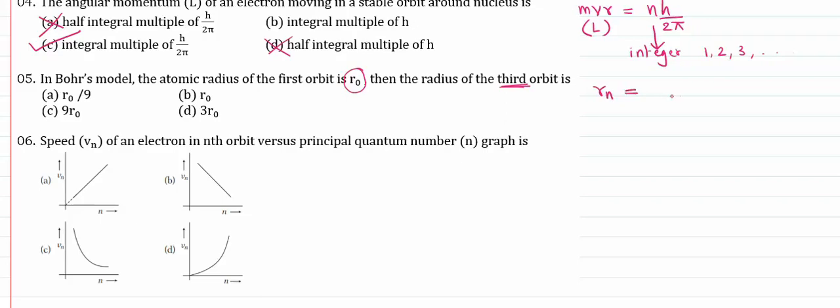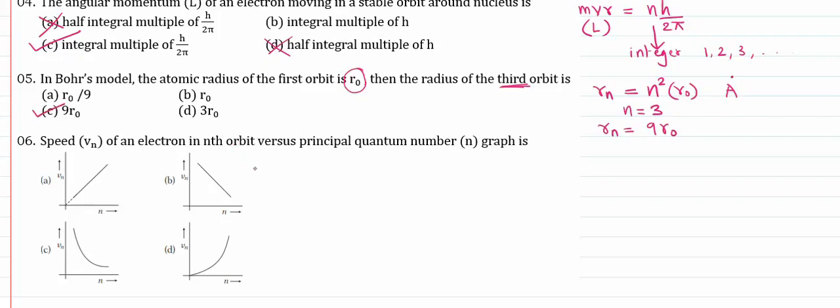Radius of nth orbit is given by Rn equal to n square into R0, where R0 is the radius of the first orbit, in angstrom units. Here third orbit means n is equal to 3. So the radius will be 3 square, 9 R0. If you check the options, option C is the answer. Clear?